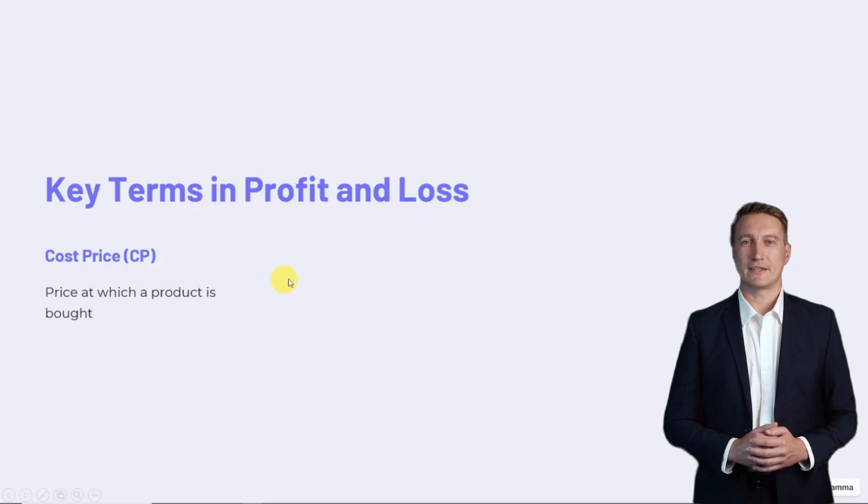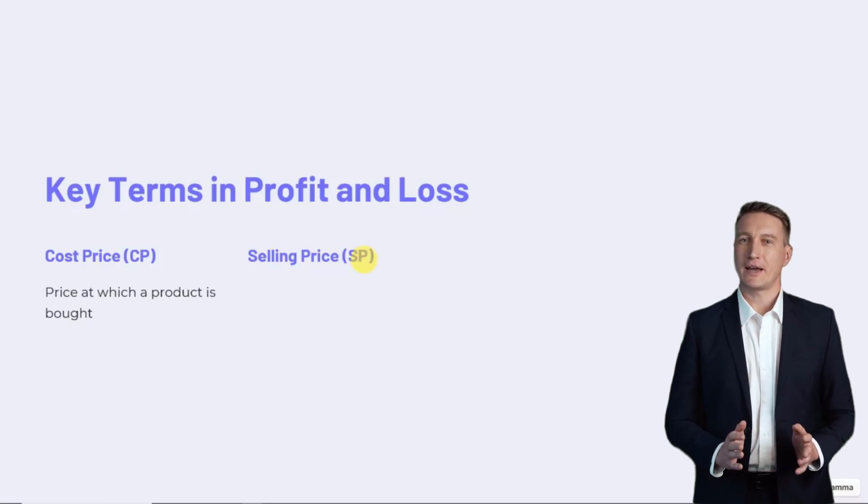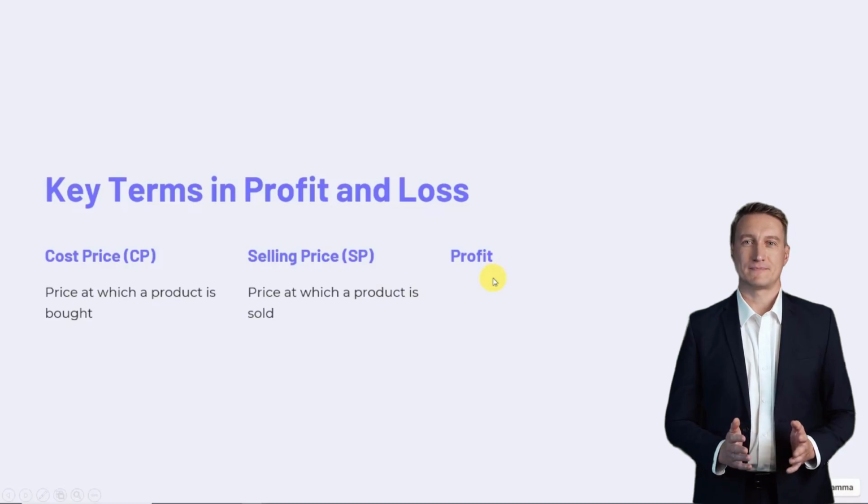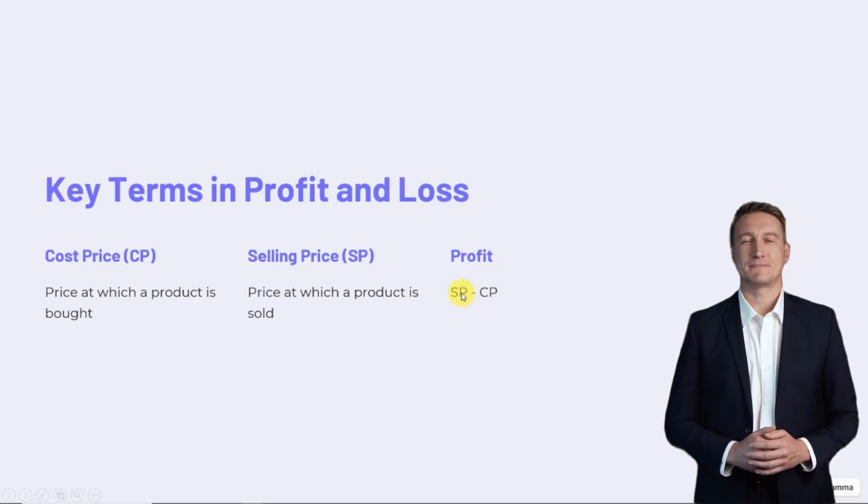The next important thing is the selling price, and you can guess what that is: the price at which a product is sold. And then our profit. The profit is selling price minus cost price. And the loss is cost price minus selling price.